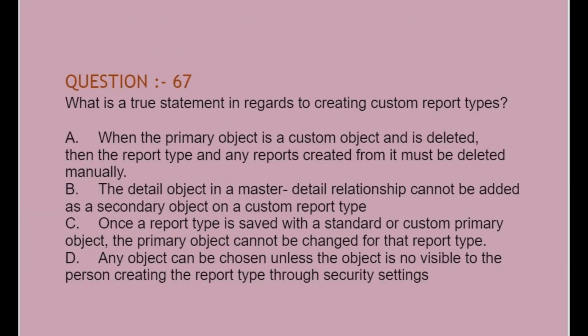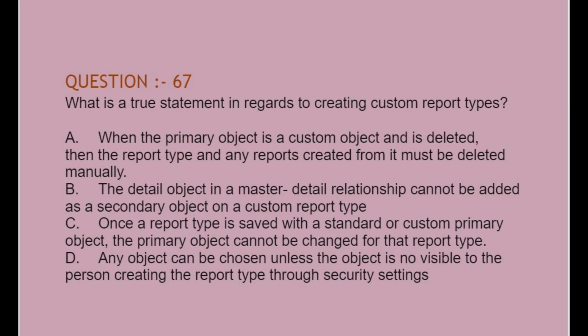Question is, what is a true statement regards to creating custom report types? Option A, when the primary object is a custom object and is deleted, then the report type and any reports created from it must be deleted manually. Option B, the detail object in a master detail relationship cannot be added as a secondary object on a custom report type.